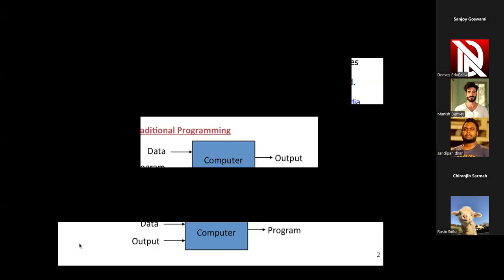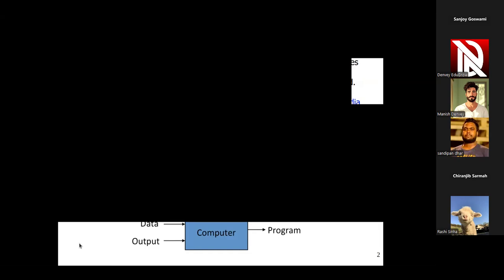Yeah, so in a traditional algorithm, as I was saying, we give the data and we also write the program, and we get the desired output. Whereas in machine learning or AI-based algorithms, we give the data, and in a supervised mechanism, we also give the associated output, and we expect that the model will understand the basic features from the data and try to map, by learning the features, how they are associated to the target output.